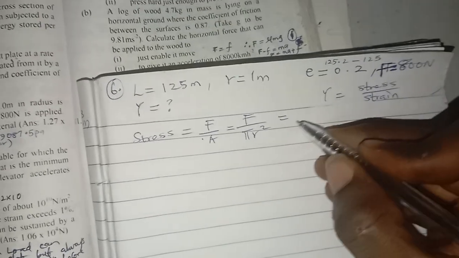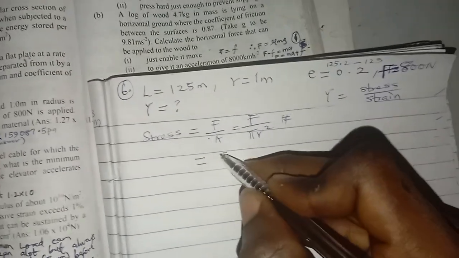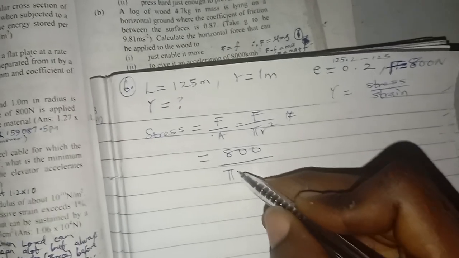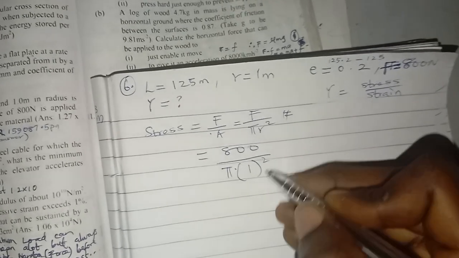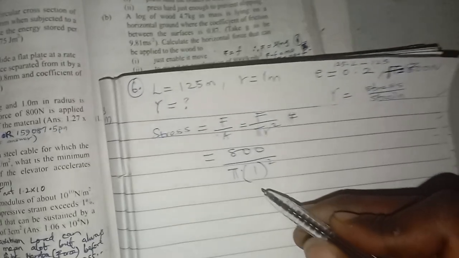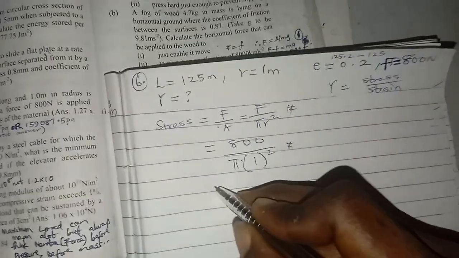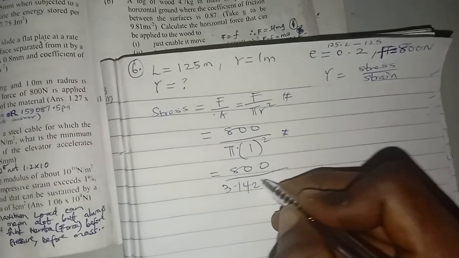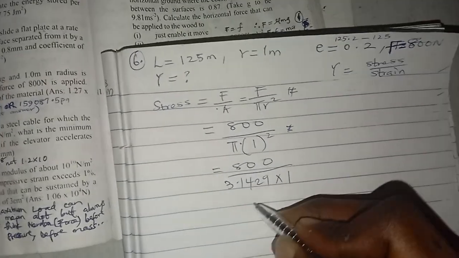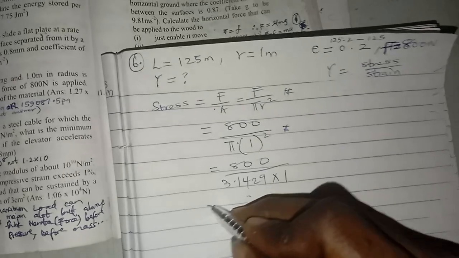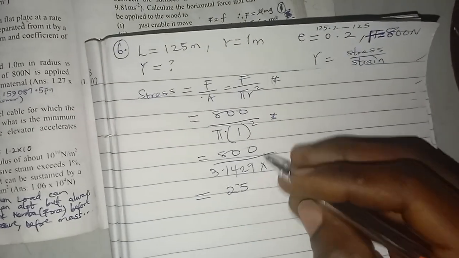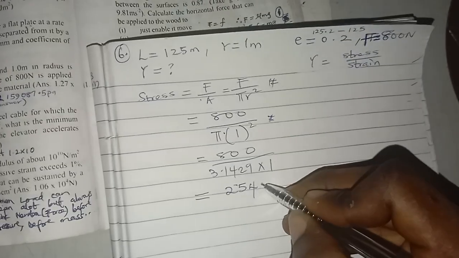So here they give me force to be 800. Then they give me r here is 1. Anything raised to power 1 raised to anything is 1. So it's the same thing as saying 800 over 3.1429 times 1. So this will simply be 254.54.